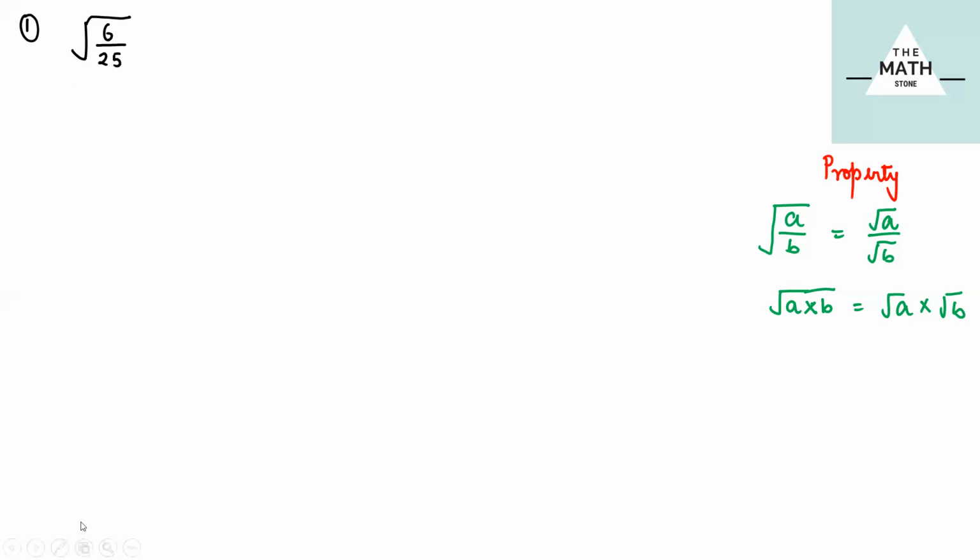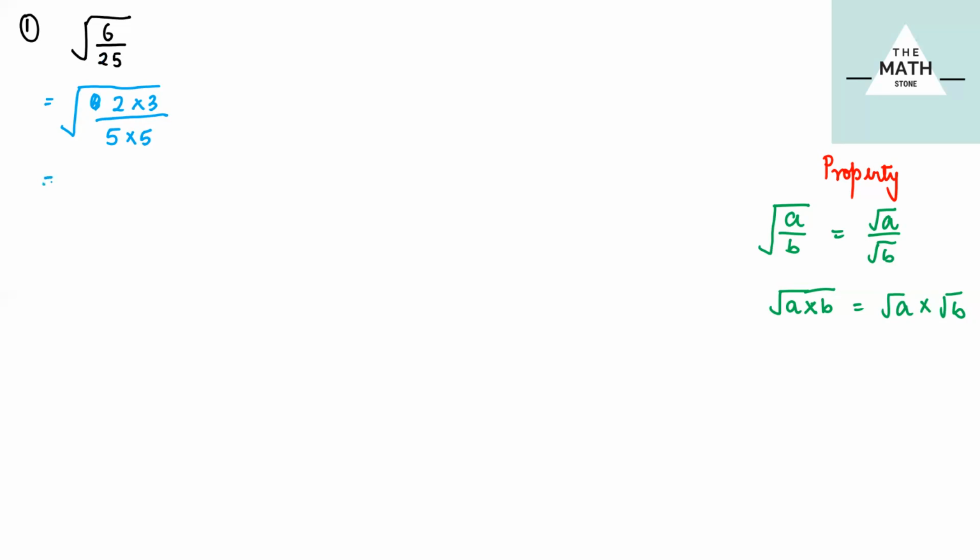So the steps will remain absolutely the same. First of all, we'll find the prime factorization of numerator and denominator. The prime factorization of 6 is 2 times 3, and the prime factorization of 25 is 5 times 5.